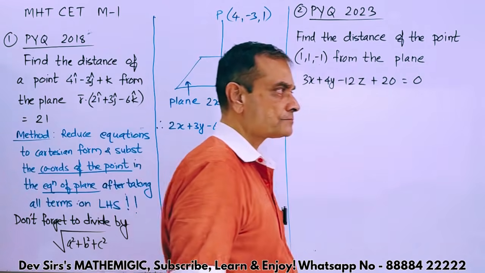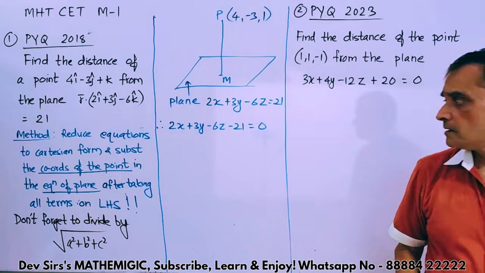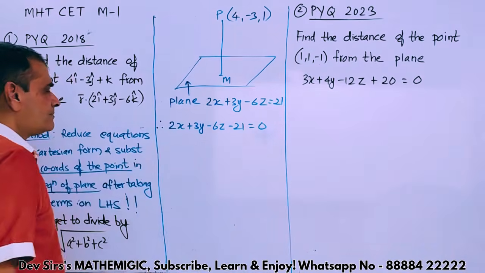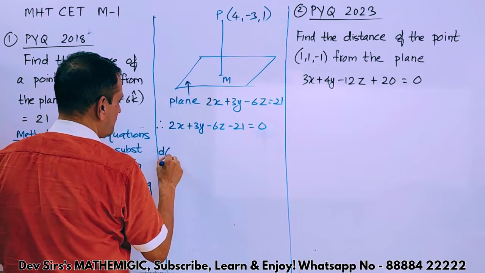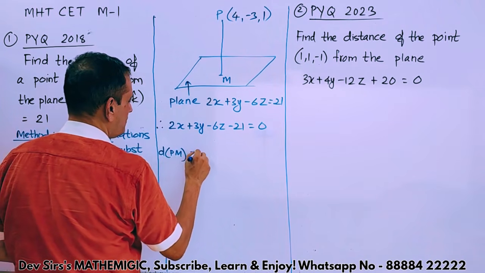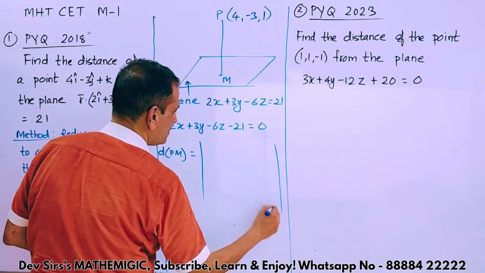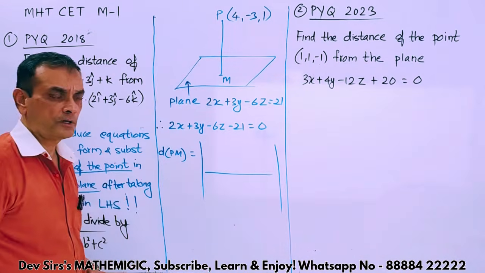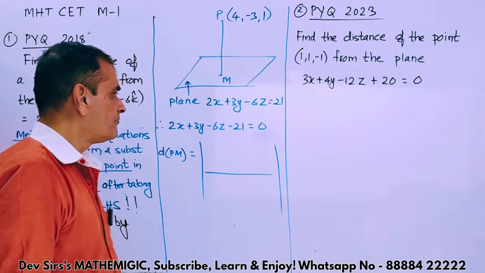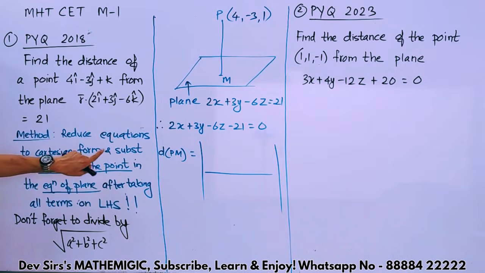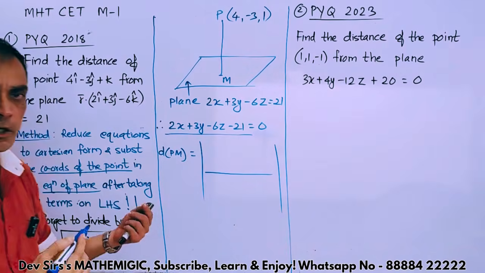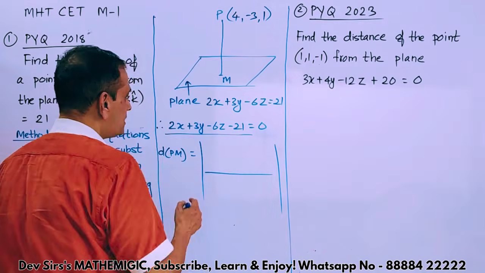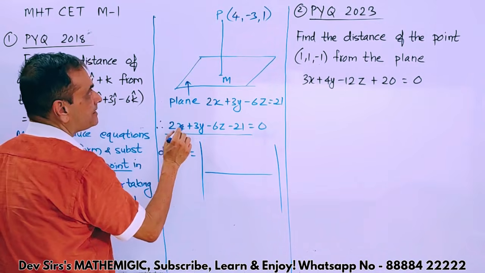Okay? After doing this, the formula says, a very simple thing: distance PM, you have to take the absolute value of, first, substitute the coordinates of the point in the equation of the plane. Now this is the equation of the plane. After taking all terms on the left hand side, substitute in place of x, the x coordinate.